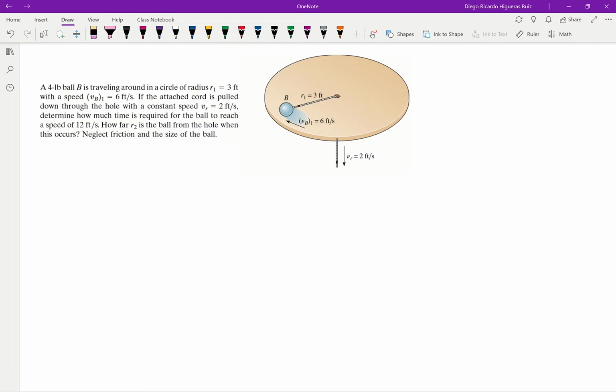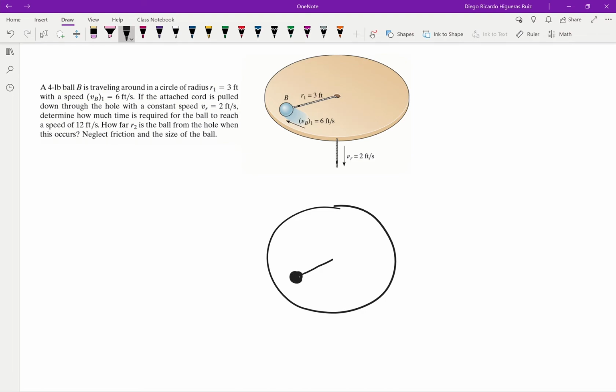Okay, so let's see. I'm going to redo this drawing, but now I'm going to be looking from the top. So we have the ball right here. What I'm going to do first is solve for V2.